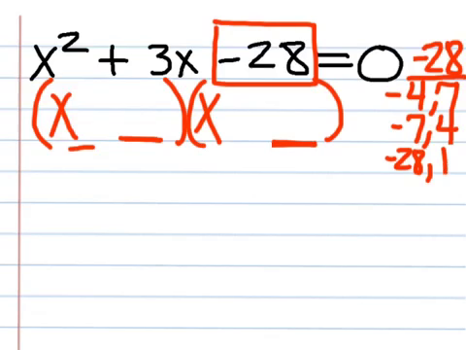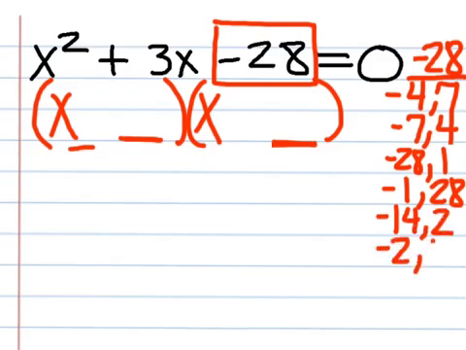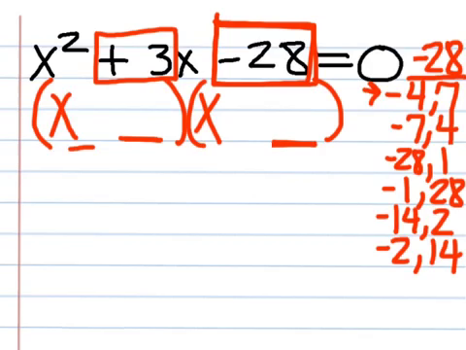Alright. So if we multiply any of these two numbers together, they're going to give us negative 28. So we're looking for the two numbers that we can add together that will give us a positive 3. Negative 4 and 7. We add negative 4 and 7, we get a positive 3. When we multiply them, we get negative 28.